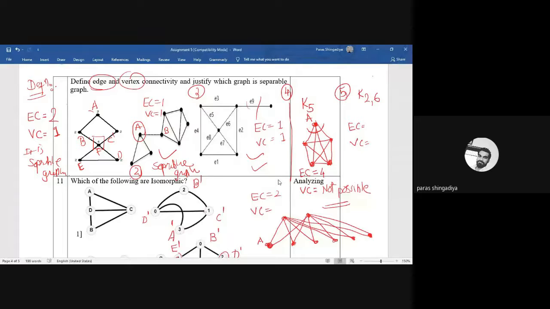Now Kalpana will explain the answer. Kalpana, can you hear me? Kalpana? Just unmute yourself and explain the answer. What will be the vertex connectivity? Kalpana.